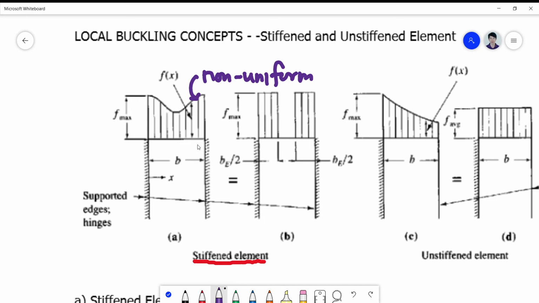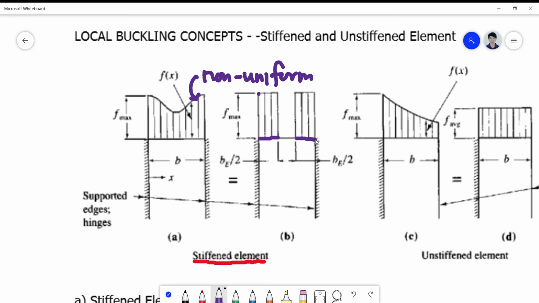So to simplify this stress distribution, we assume that this non-uniform stress is concentrated on an area, which is what you call the effective area or simply the effective width.